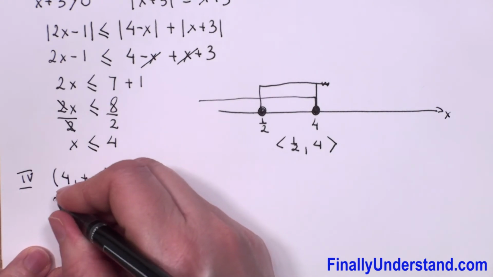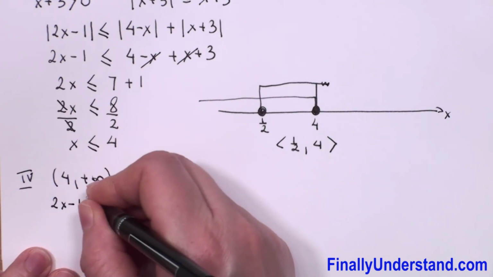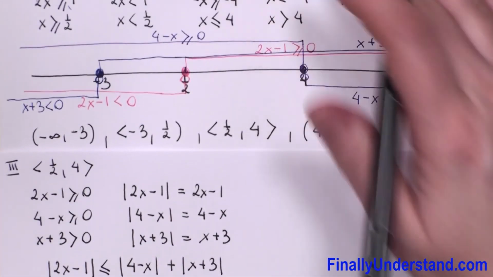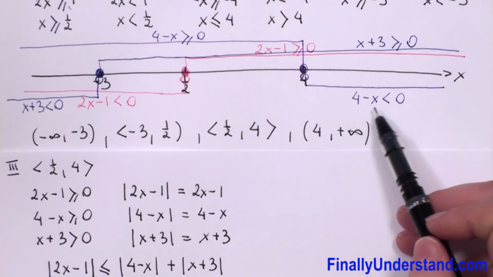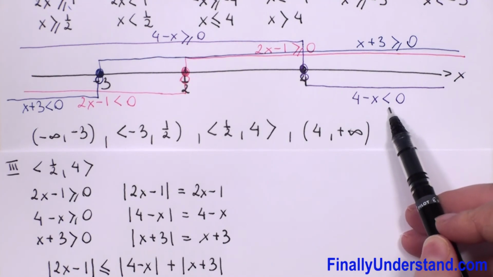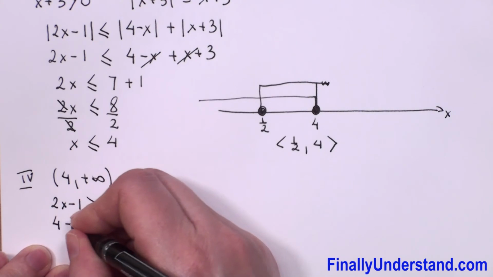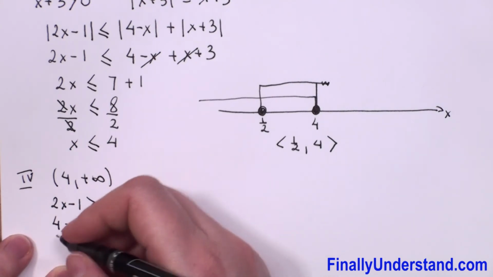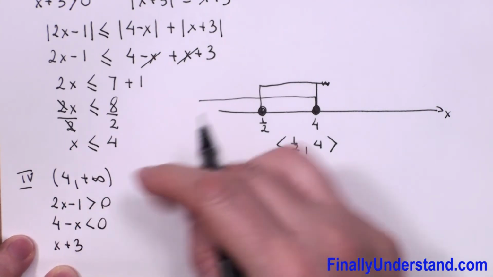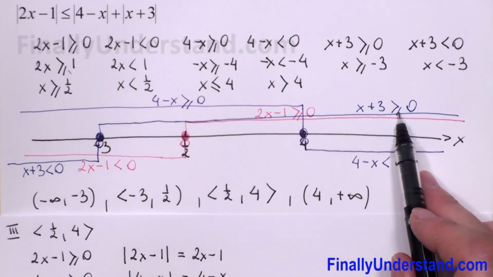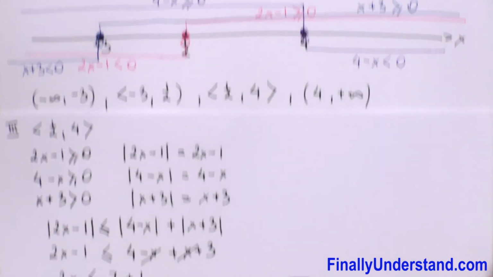So let me write this. 2x minus 1 is greater than 0. Now we see that 4 minus x is less than 0. And x plus 3 has value greater than 0 in this interval.